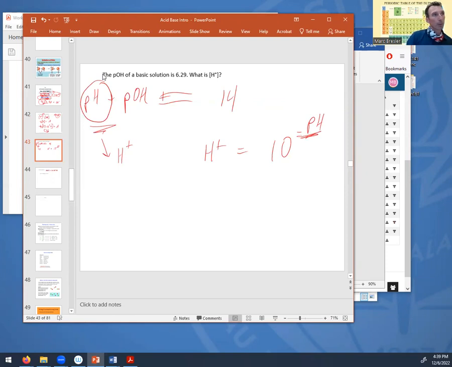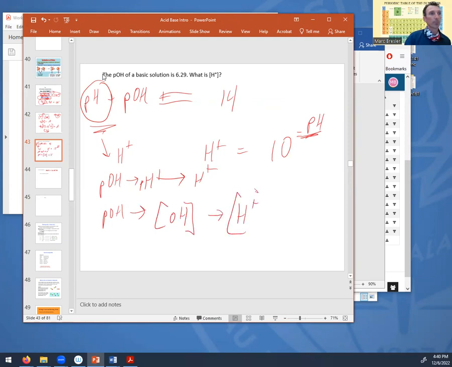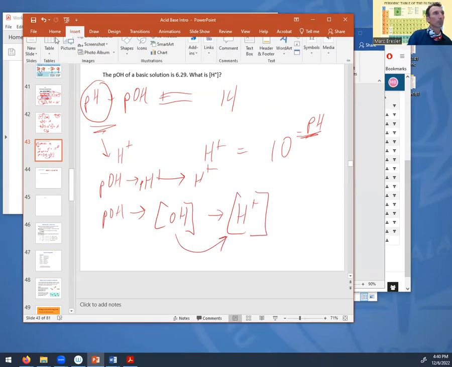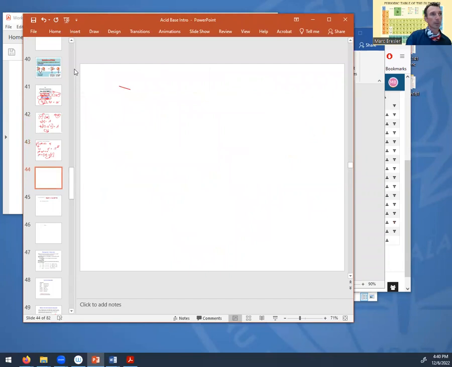So you kind of want to think about your map here of what you're going to do. pOH to H, pH to H. You could also go pOH to OH to H plus. To go OH to H plus, you have to go like this.